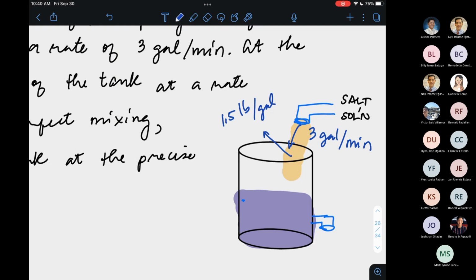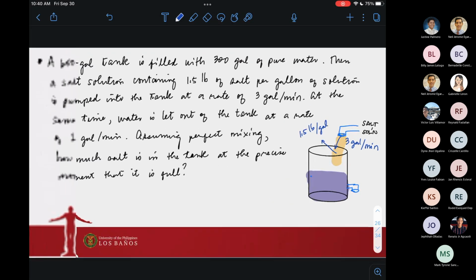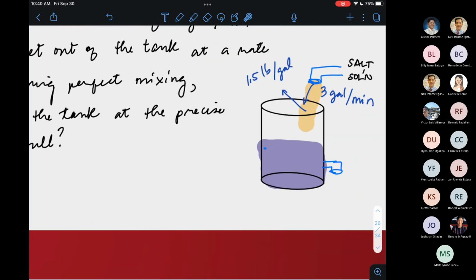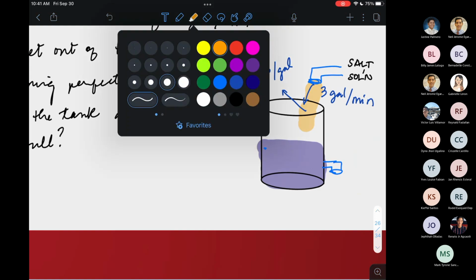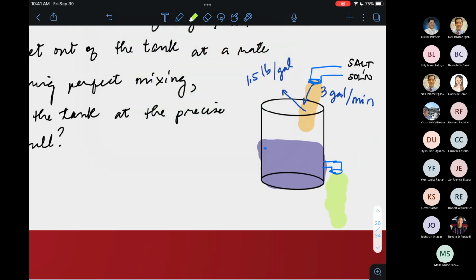So that is what enters. All right? And then at the same time, water is let out of the tank at the rate of 1 gallon per minute. So that means the faucet at the bottom is also open. So there is solution coming out here at the rate of 1 gallon per minute. Okay?